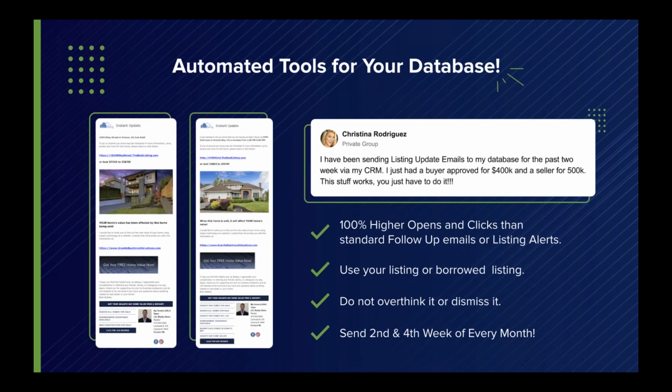The text above the image just says we want to let you know that we're having an open house, that we just sold a listing, or that this listing is pending. Click here for more information or text, with an image of the property. Then if they scroll down, it lets them know that when the home is sold, it will affect their home's value, and offers them a home value.